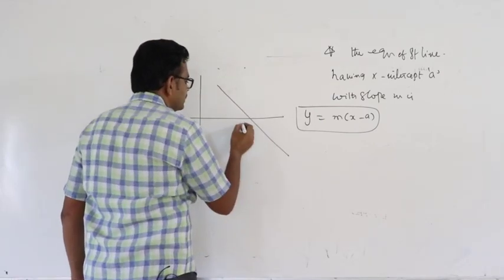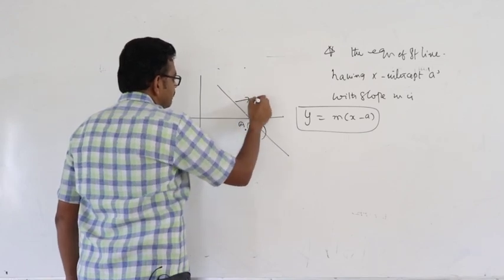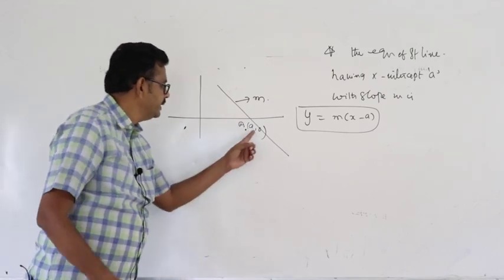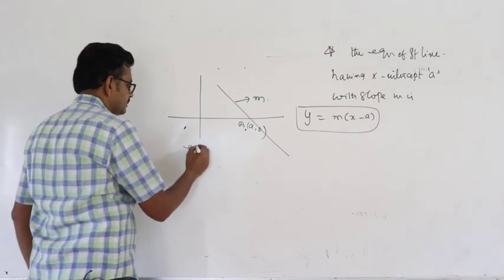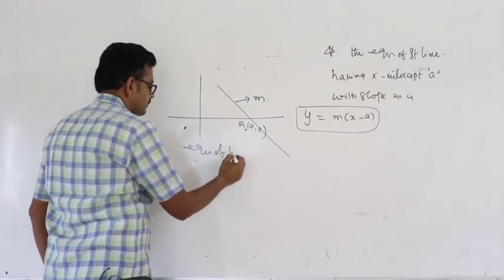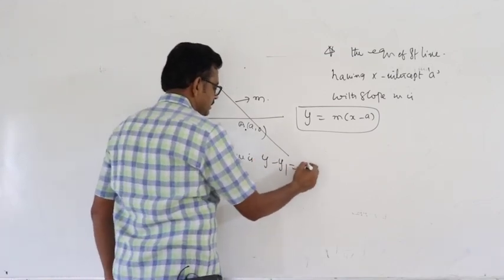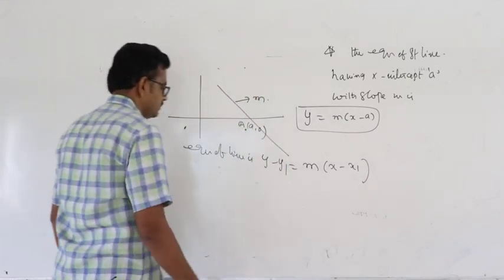X-intercept a means what? The line cuts x-axis at a comma 0 and m is the slope of the line. So this is the point with the slope, point and slope. Then what is equation? Equation of line is y minus y1 is equal to m into x minus x1.